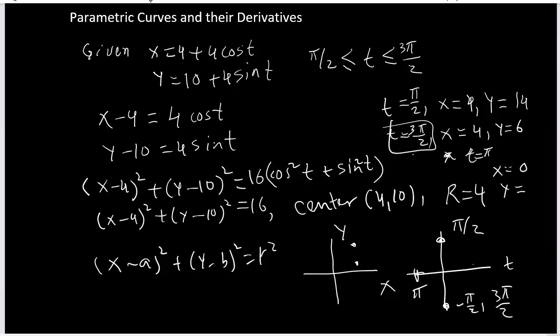And sine pi is 0, so y will be just 10. So 0 comma 10 is some point here. Right? So we have seen that our initial point we had was 4 comma 14 here, and then it goes like this. Right? So that one is the anti-clockwise or counterclockwise direction. So this is your equation.